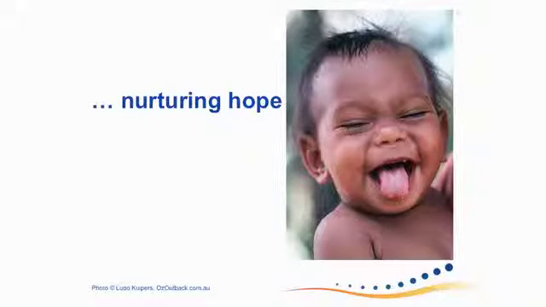Most of all, we need to be able to nurture hope in families. Each child born is a harbinger of hope. And for families who struggle to nurture their children, the children are the most powerful source of hope they will ever have.